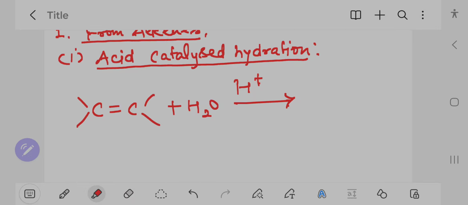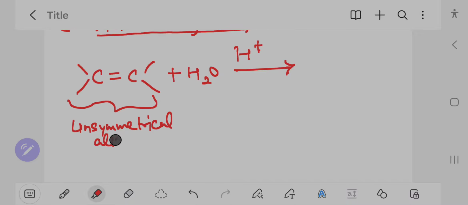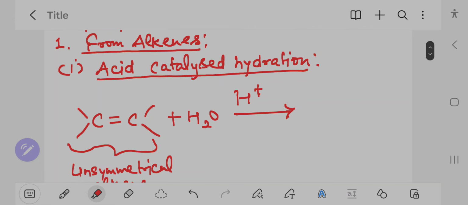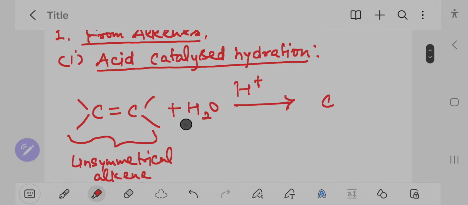In this reaction, if the alkene is an unsymmetrical alkene, then this reaction will proceed according to Markovnikov rule.